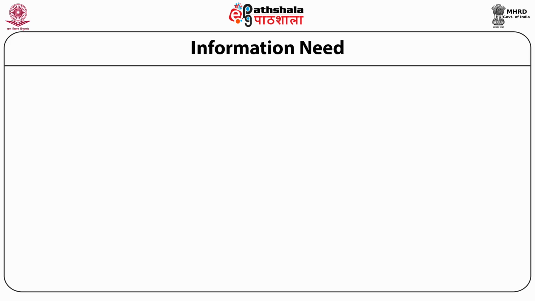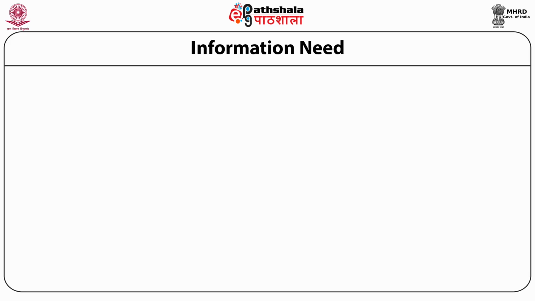Information need. Information need is difficult to define. It's not like a basic need. Therefore, authors have experienced difficulty in defining information need. If we have to define information need, we need to define both these terms, information and need.